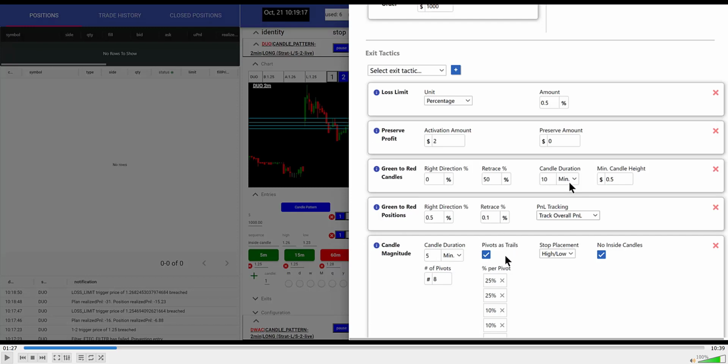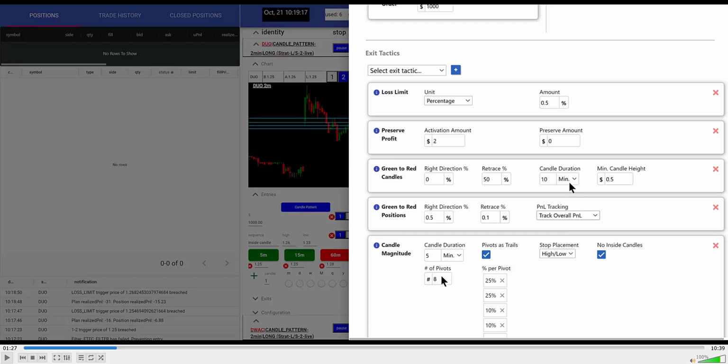And then it will also move the trail up, and you'll see this. This is really one of the most amazing things that makes this so good for CTU kind of trading. I could use the midpoint, but I'm using the high or the low of the candle. I'm using the high because I'm long. If I was going short, then I'd be using the low. And we're ignoring inside candles.